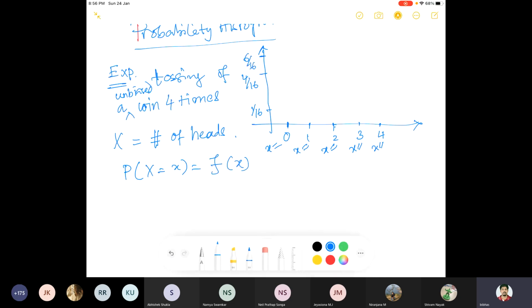These are the values only. So for 0 I'll have one value here, which is 1 by 16. For 1 it is actually 4 by 16. For 2 it is 6 by 16. And for 3, it is again 4 by 16. And for 4, it is 1 by 16.